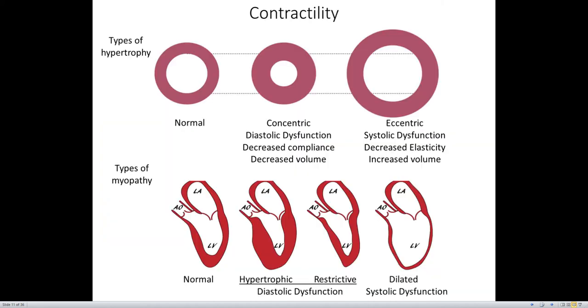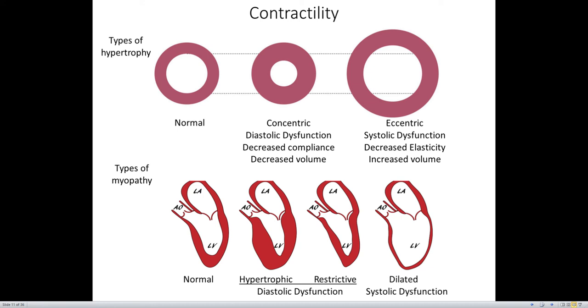Now, myocardial histology is obviously a lot more complicated than what this presentation will share with you. But for simplicity, let's just talk about the different types of hypertrophy. On the top of this slide, you can see 3 purple circles, one representing a normal ventricular chamber and the muscle mass that surrounds it.